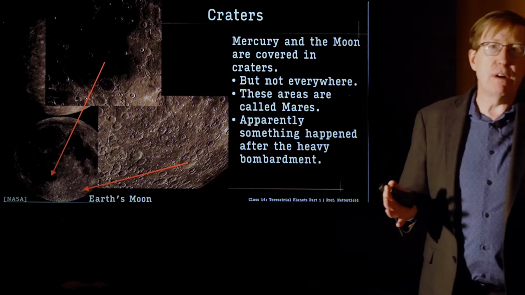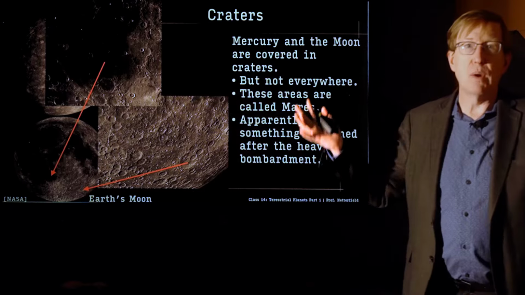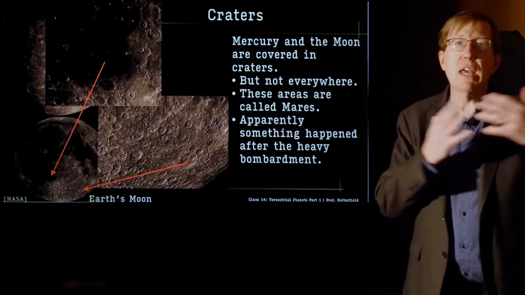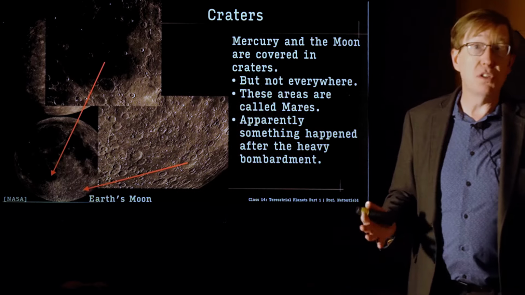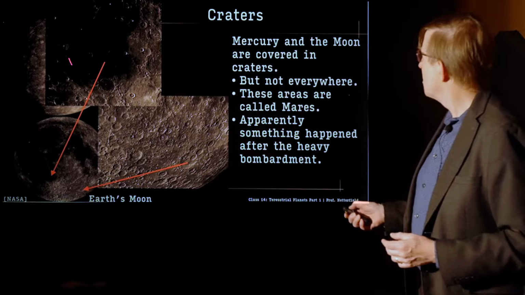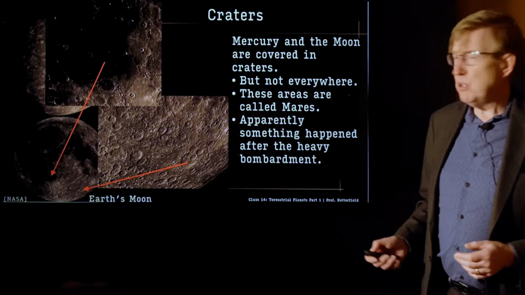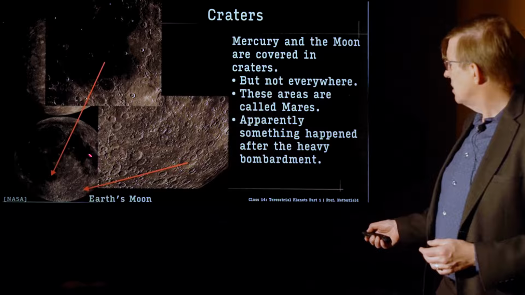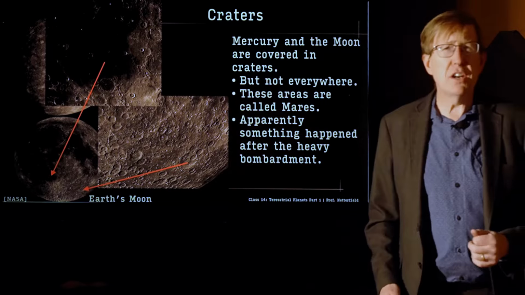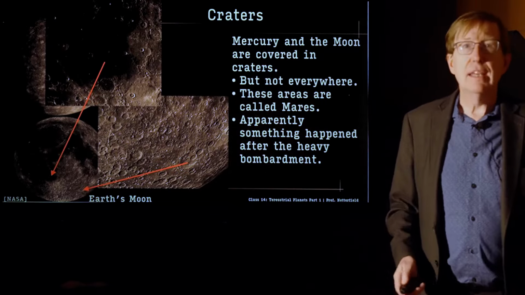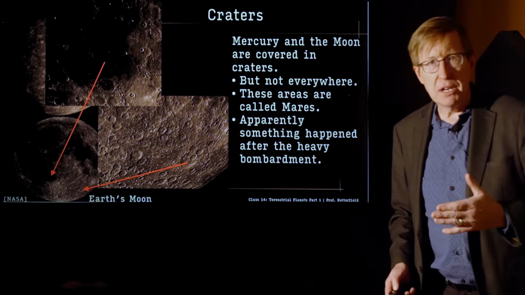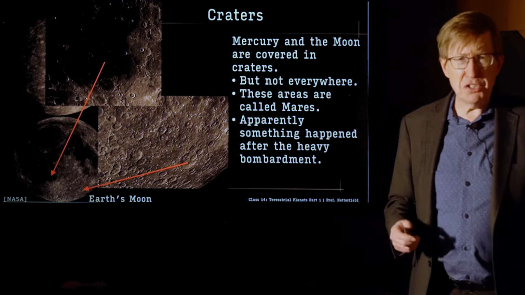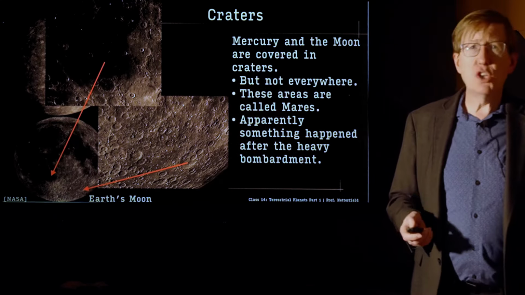Our theory of the heavy bombardment is that you have these chunks falling everywhere, so the moon should be covered everywhere with craters if that was the only story. But apparently, there are some spots on the moon. In fact, all these dark spots are called mares, and they are places where something has erased the craters. And so we want to understand what could have erased the craters.